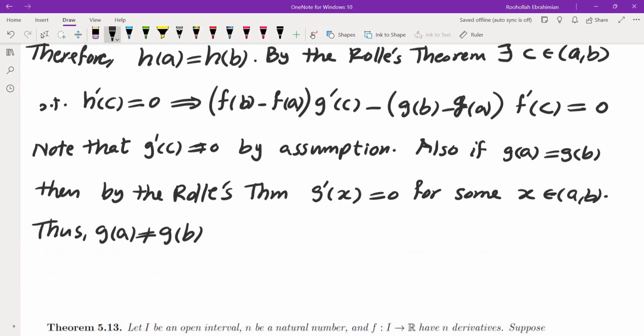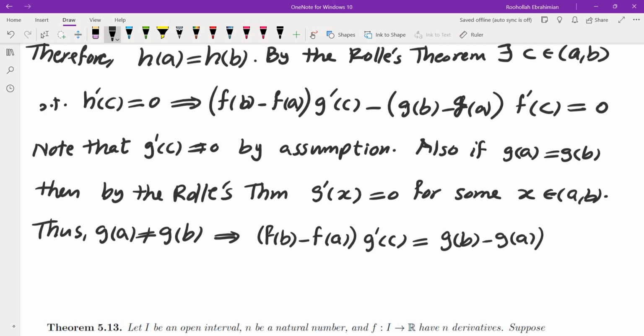So now we can rewrite this as (f(b) minus f(a)) g'(c) is equal to (g(b) minus g(a)) times f'(c). This guy is non-zero because we just showed that g(a) and g(b) are not the same.